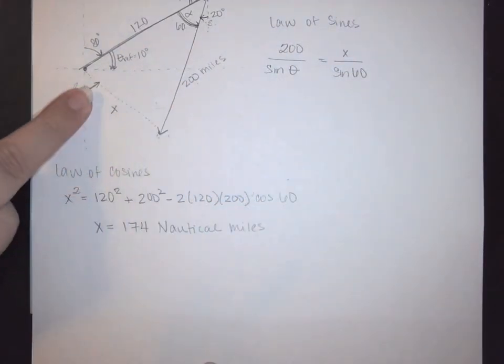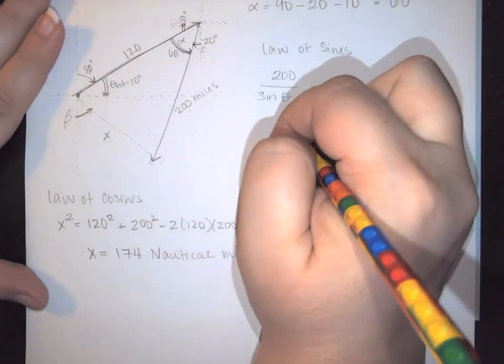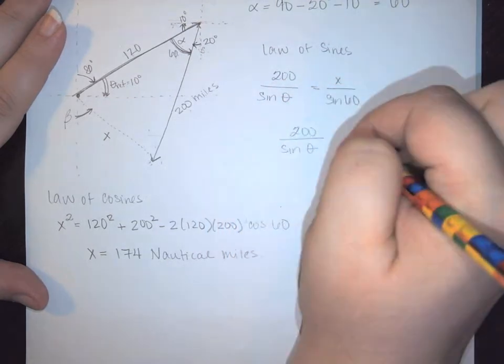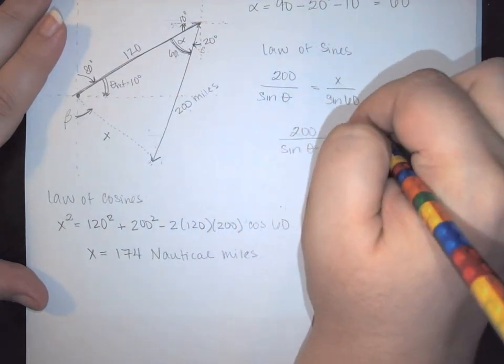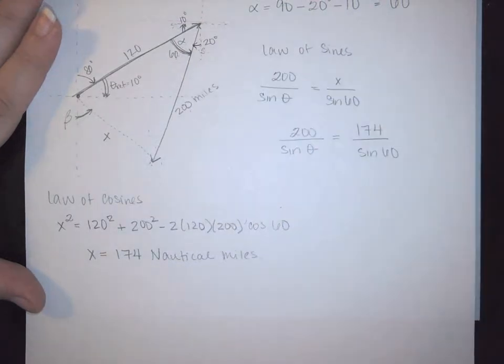Once you find out what this distance is, we can now finish using our law of sines. So here this is going to give us 200 over the sine of theta equals 174 over the sine of 60.